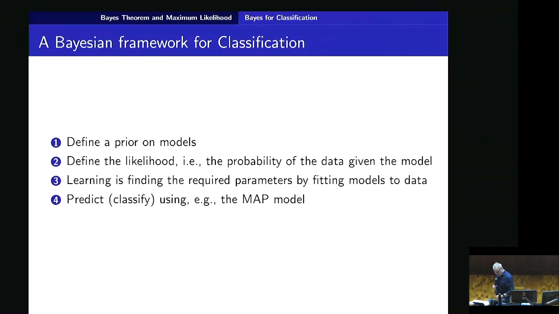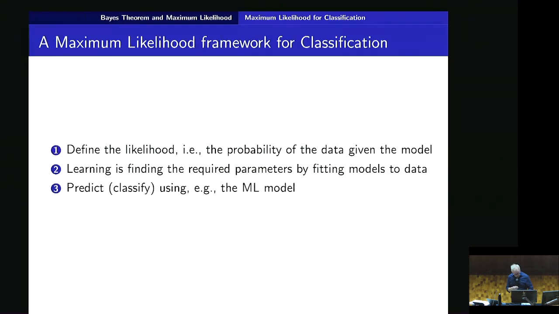Now, for classification, the way to do that in the full Bayesian framework is to define the prior, define the likelihood, which we just did for logistic regression, and then find the parameters by fitting models to data. And then we can classify using the MAP model that we just used.